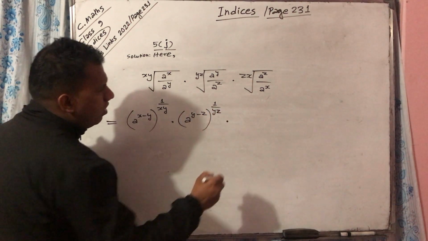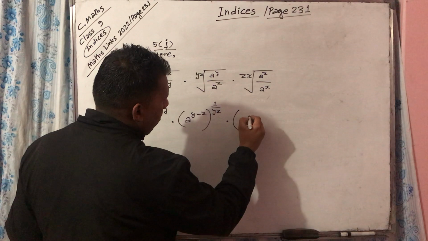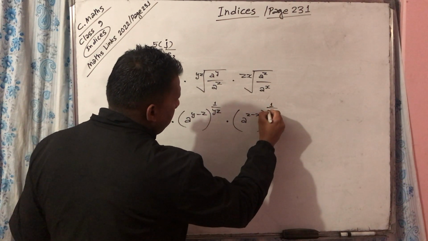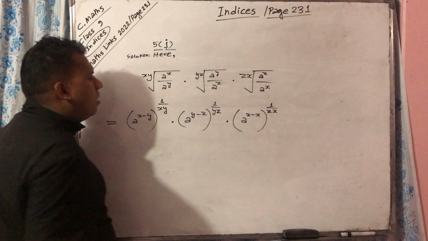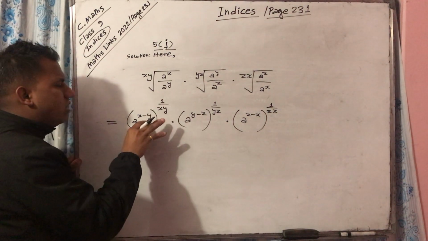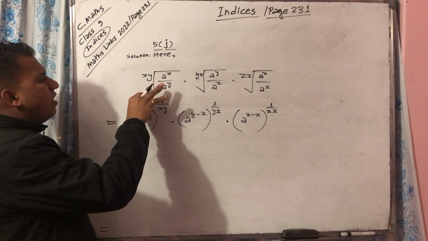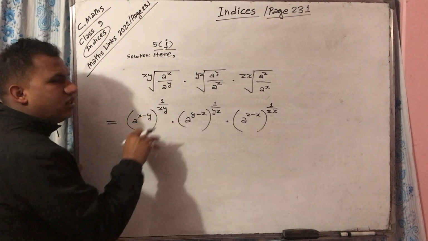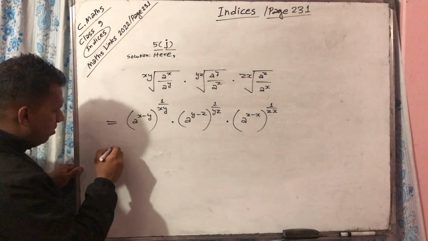Multiply with, on third, a to the power z minus x, whole power is 1 upon zx. Downside power moving up with changing sign and removing radical sign, giving as power. Order becomes denominator of the power.